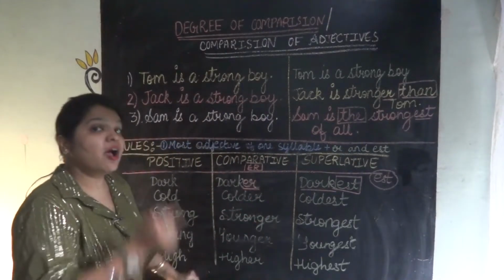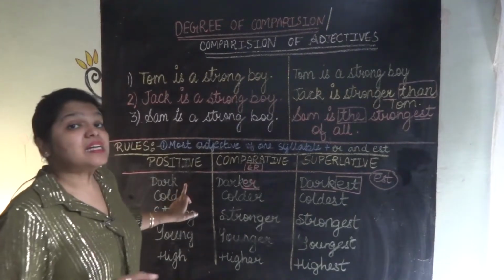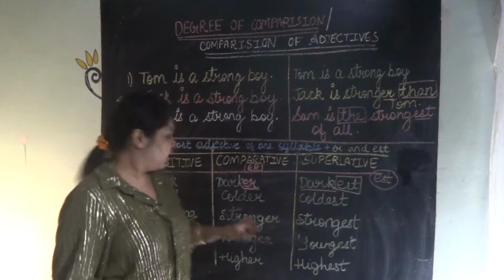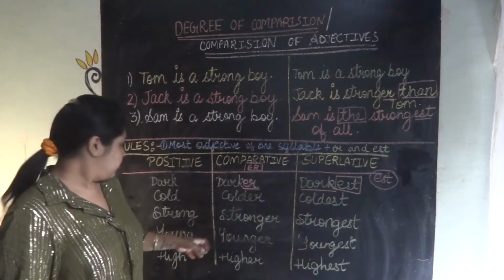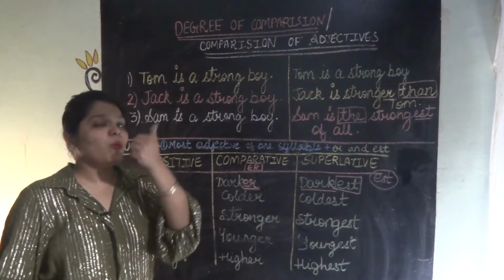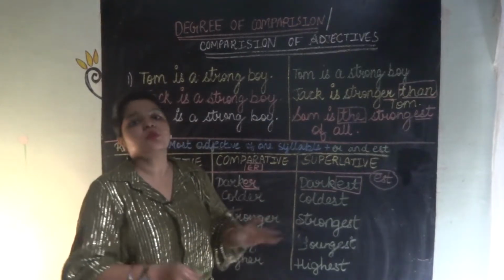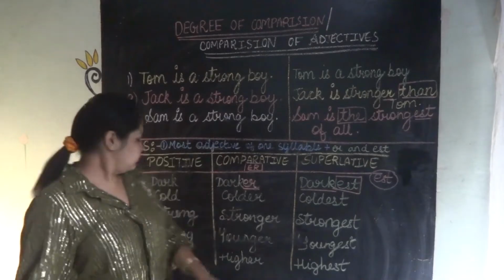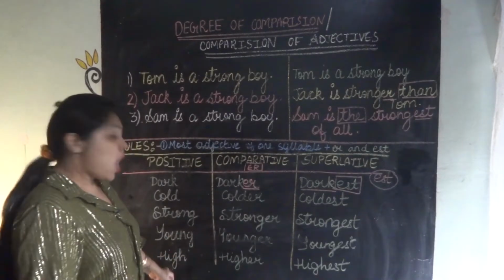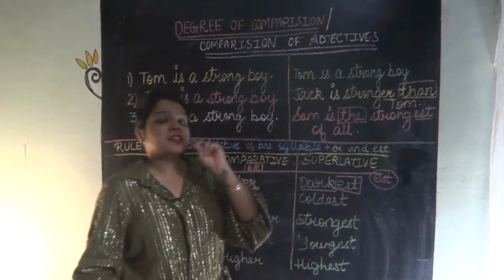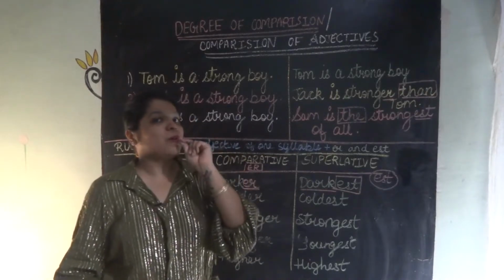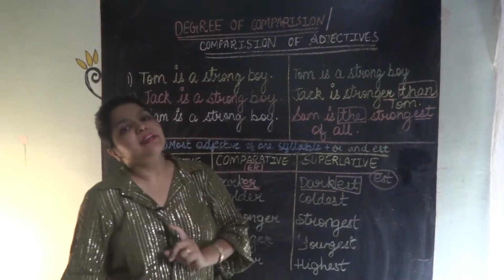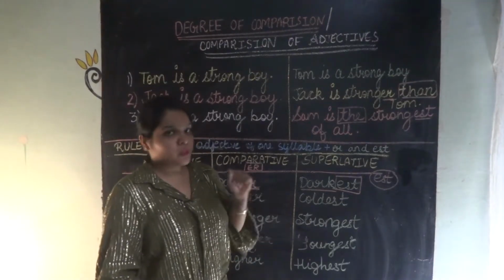But in these words, dark, cold, strong, I haven't joined anything. Only once have I opened my mouth and pronounced the word. That's it. That means one syllable. Young, high: in a short way, when you open your mouth only once at one point of time, that is one syllable.